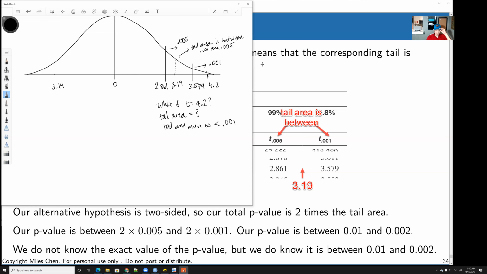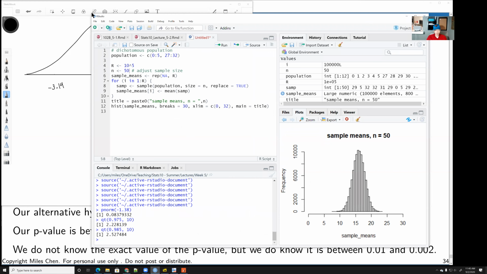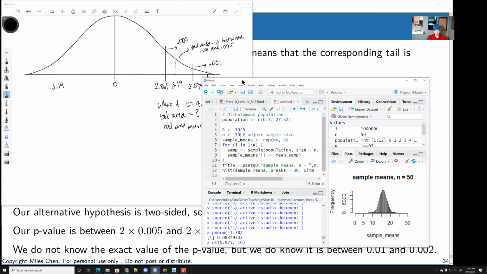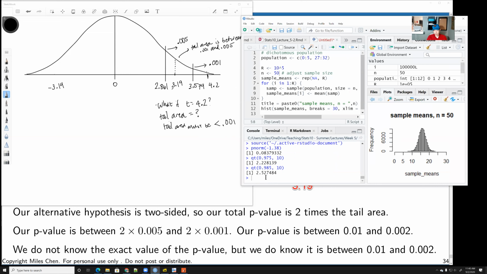The question is, is there a way to find the p-value using R? Yes, there is, and the function is known as pt. R always gives you the area to the left. So if I do pt of 2.861 with 19 degrees of freedom, it's going to say the area to the left is 0.995.